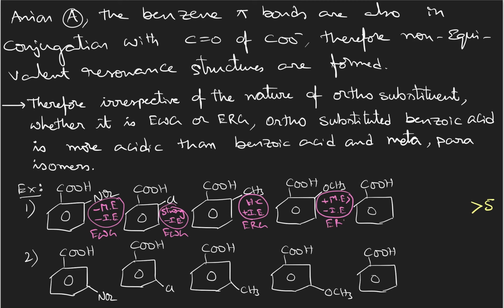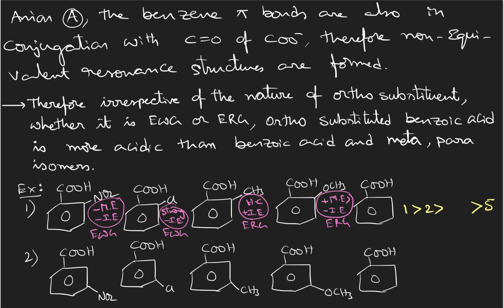So this is also an ERG group. So what will happen here? Presence of electron withdrawing group is better than the presence of electron releasing group. Therefore, first and second are better than third and fourth. Between first and second, NO2 is a stronger withdrawing group than Cl. Therefore, first is more acidic than second.